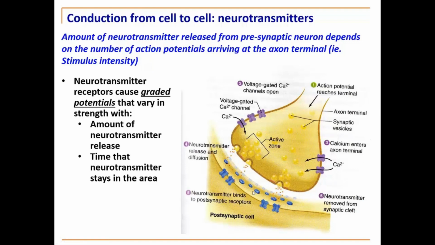If you're looking at the synaptic delay, the amount of time it takes for this whole process to occur in the synapse, it's about 0.5 milliseconds, okay? And you get removal of this neurotransmitter. It can be reuptaken. It can be broken down by enzymes. It can be taken up by other types of cells, for example.